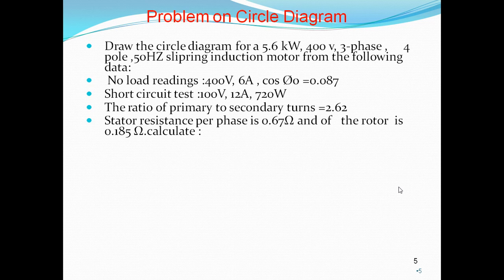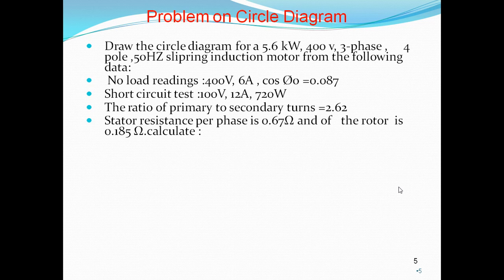We connect all the instruments on the stator side and apply rated voltage.